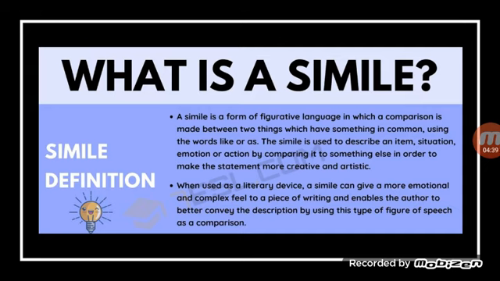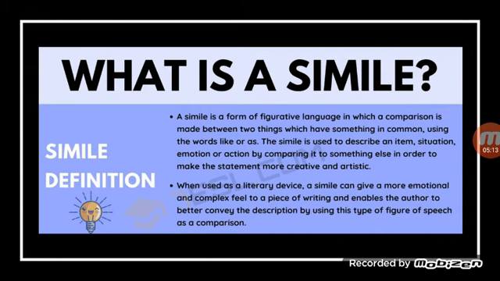From the above definition you can understand that it is a figure of speech and it is used to show comparison between two things, and you will notice the words like and as, or and so, in the sentences of simile. The simile can describe anything like an item, situation, emotion, action, and it is mainly used for comparing two things.